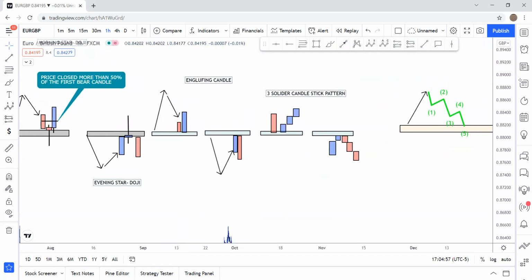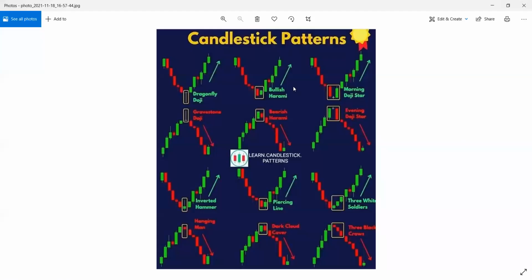Before we even get to that, I wanted to show you guys something. Let's look at this. This is a candlestick pattern chart. So I will be providing this to everyone in the group chat and in the training materials. So you're going to have this candlestick pattern chart where you can actually review and practice on the actual chart yourself.